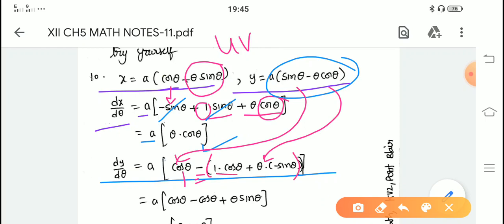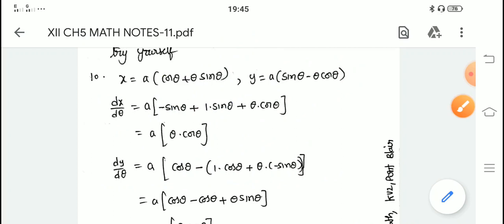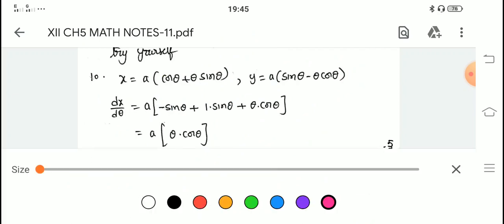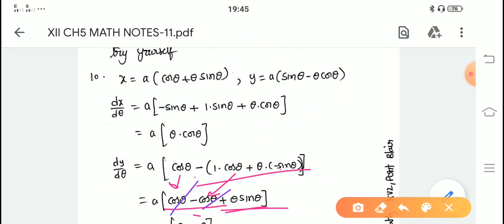So it is 1 into cos theta plus theta into minus sin theta, because the cos theta derivative is minus sin theta. After that, open the bracket with the minus: minus cos theta, minus into minus plus theta sin theta. Cos theta gets cancelled. Then a theta sin theta will come. This is dx by d theta, and this is dy by d theta.